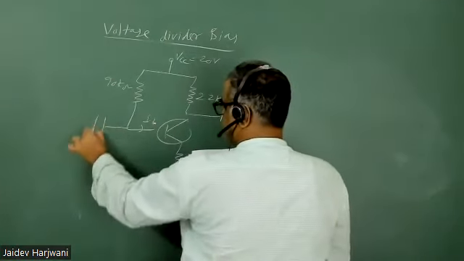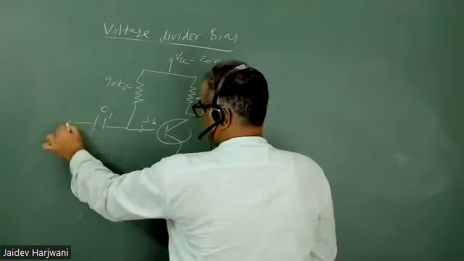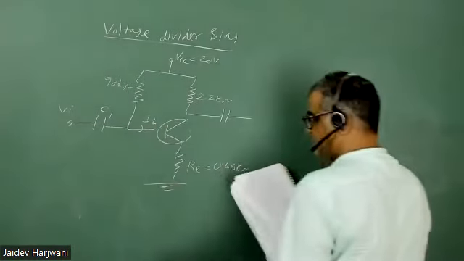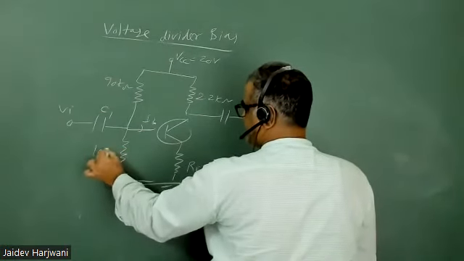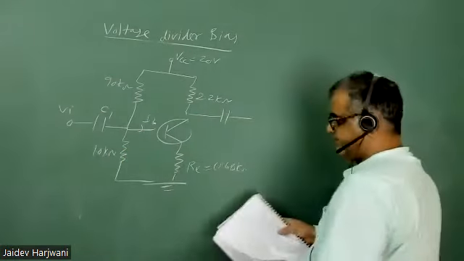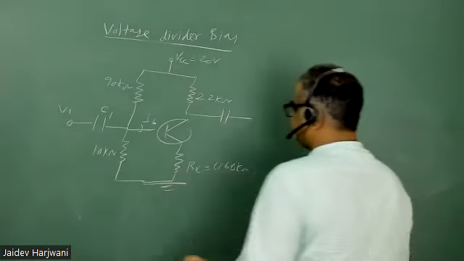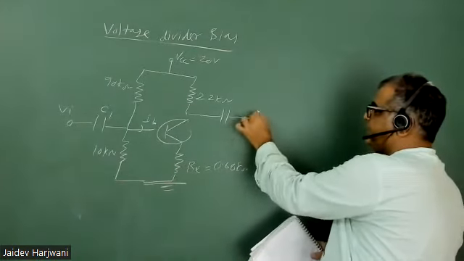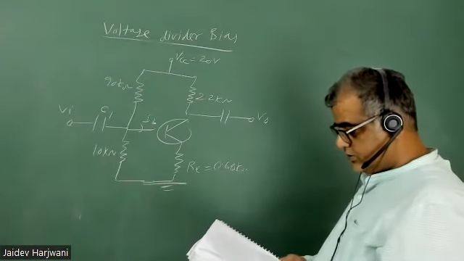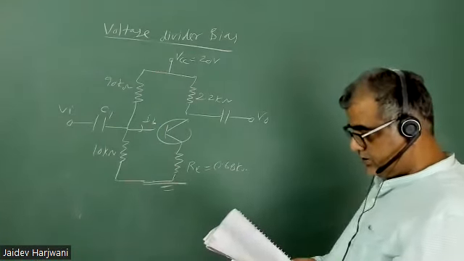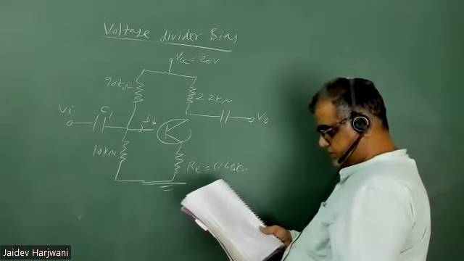You have a capacitor C1 here. We input here, and this is your 10 kilo ohm. And this is your V output. So solve this circuit.